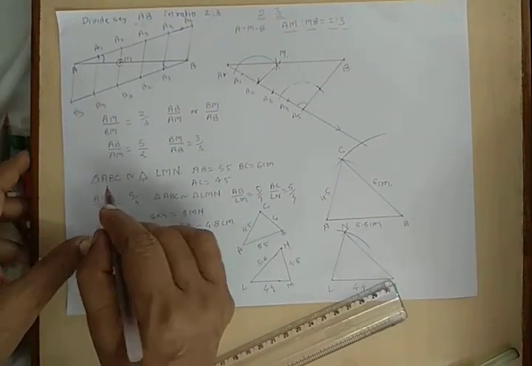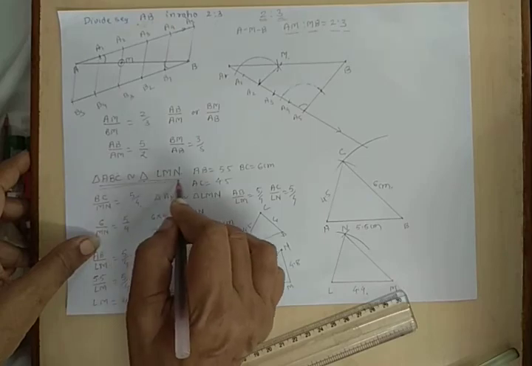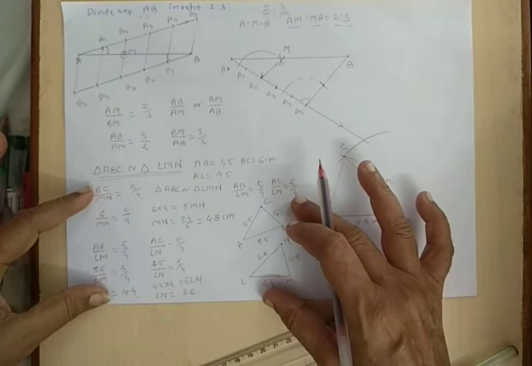So, when there is no word common between the two names, we have to calculate whatever measures are given.